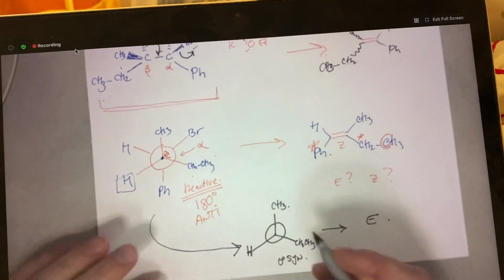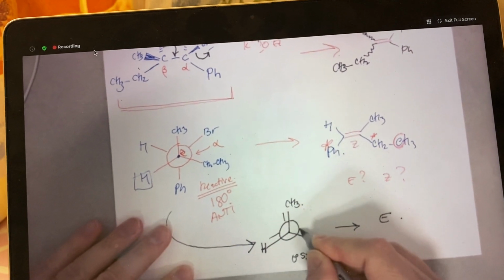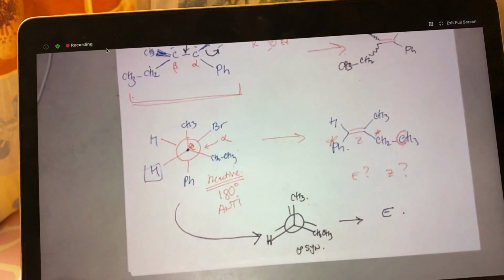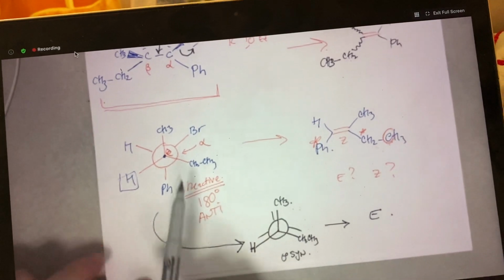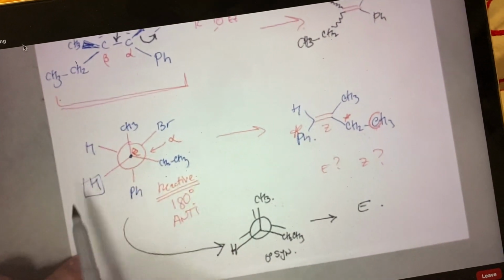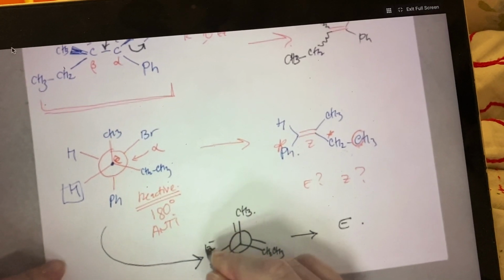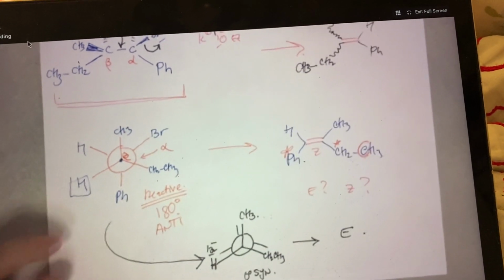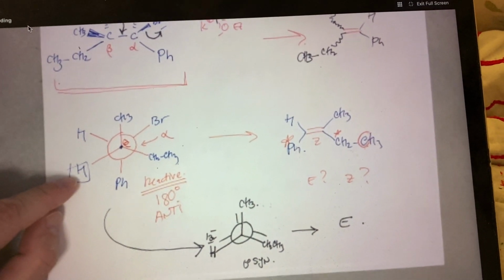If they're syn to one another, that means it's going to have to be an eclipsed conformation. And I want bromine to line up with hydrogen. So I'm going to rotate it 180 degrees, counterclockwise in my mind. Bromine's here. If I bring this 180 degrees counterclockwise, then where's phenyl going to go?